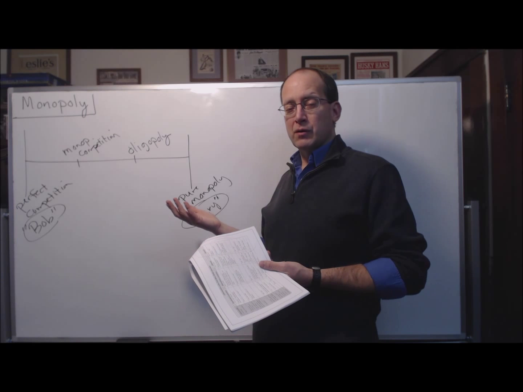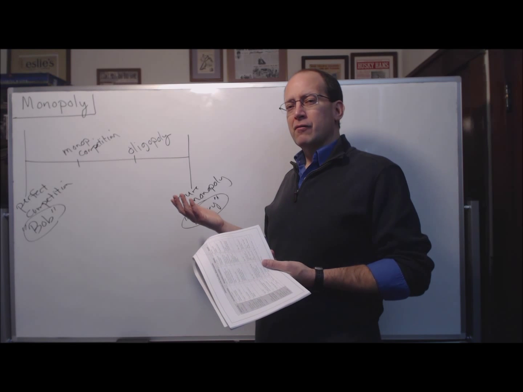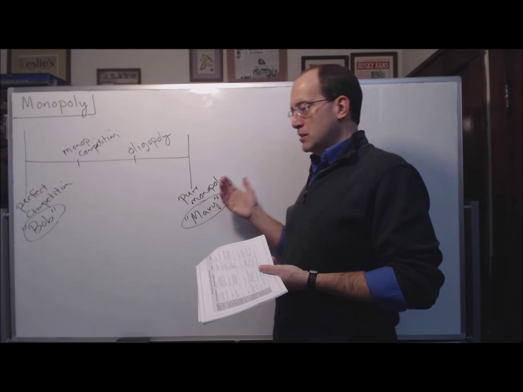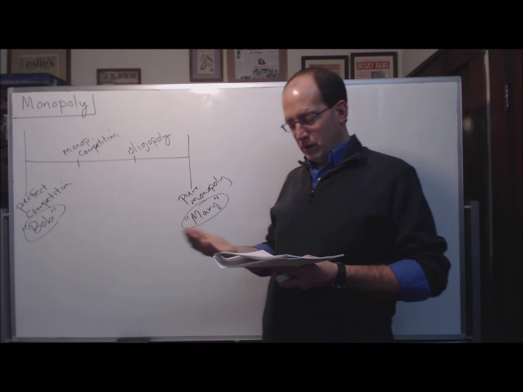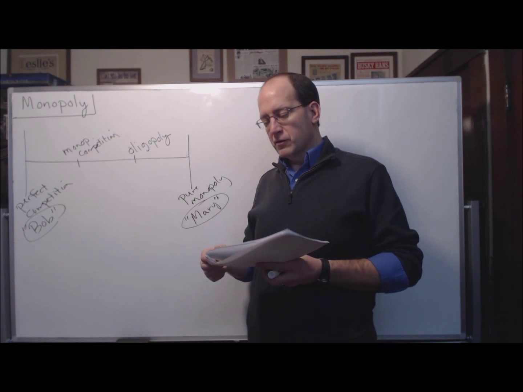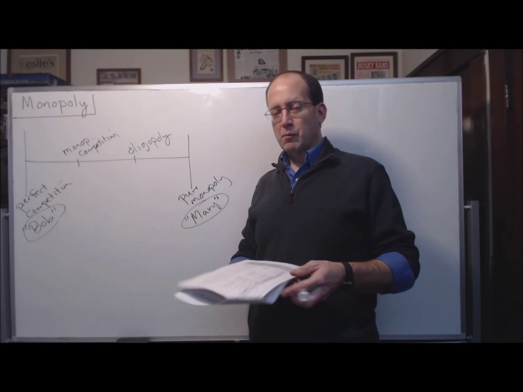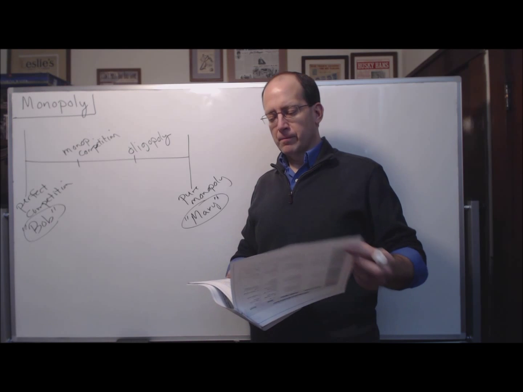There aren't a lot of places people can, if any places, people can flee if they don't want to buy her product. So she'll lose some demand because people won't be able to afford it, or they'll say it's something I don't absolutely positively need. But the story is she's going to have a lot of control over price and revenue. And then we'll look at the rest of this on the bottom of the chart later. And again, it'll be a good review when you come back and compare all of the different market structures.